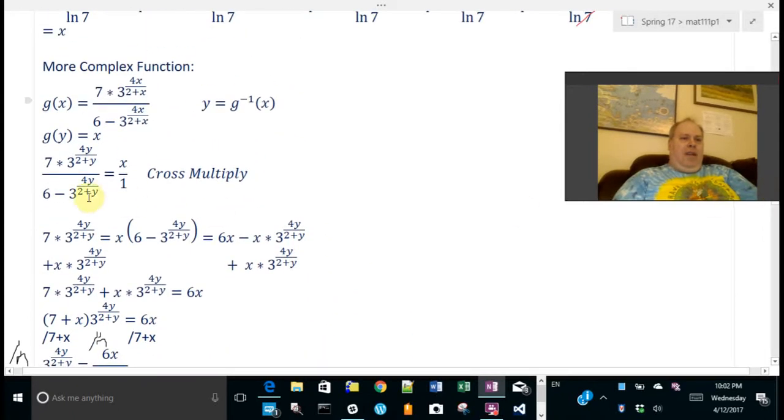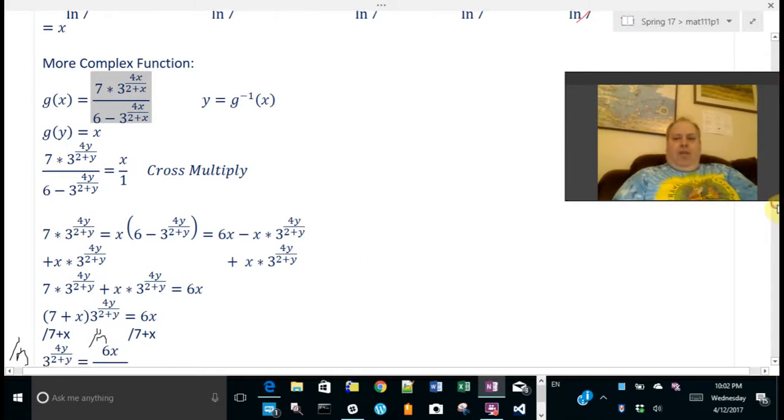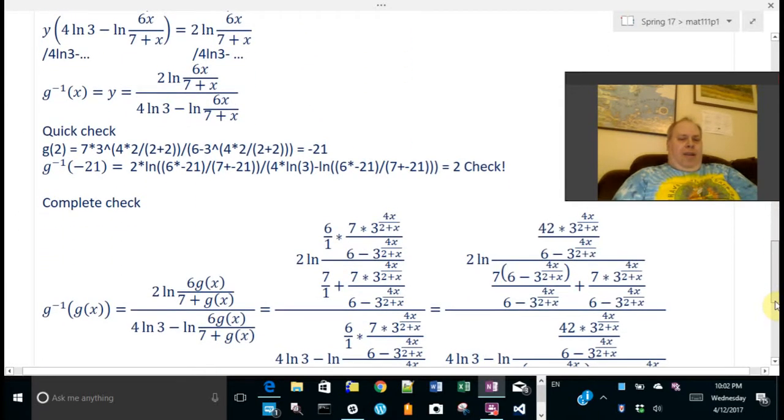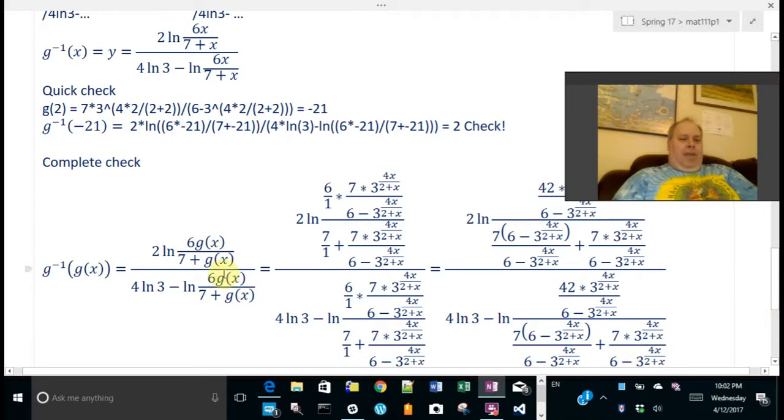Now, I take all these g of x's and replace them with the formula up here for g of x. Since the 6's are now multiplying fractions, I change them to 6 over 1. So this becomes 6 over 1 times 7 times 3 to the 4x over 2 plus x, over 6 minus 3 to the 4x over 2 plus x.